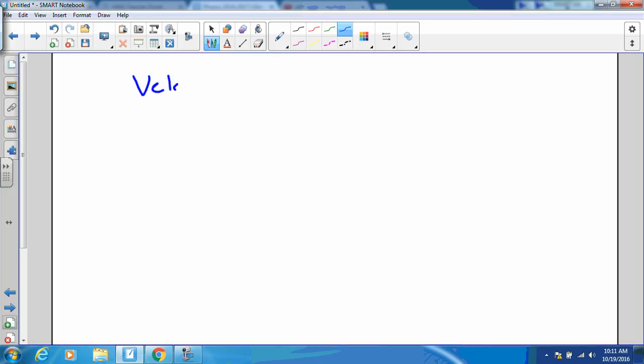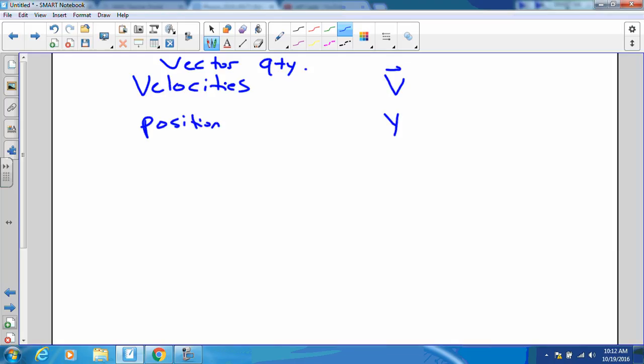So velocities are vector quantities. What else besides velocities? Position is a vector quantity. What else?